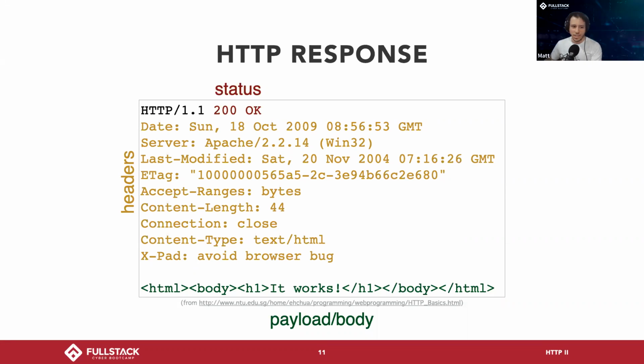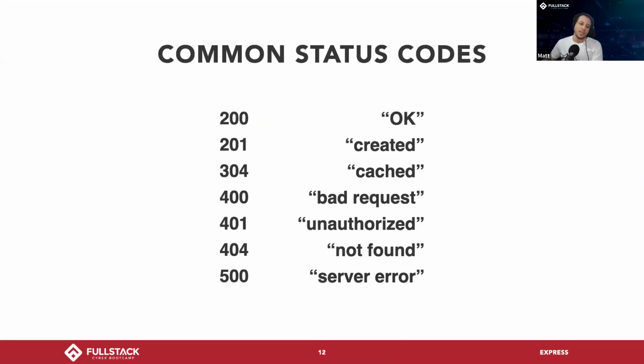Okay, just like there were common verbs that I wanted you to memorize, there's common status codes. You do not have to memorize the status codes. I'll give you an easy way to remember some of them, but for everything else, you could just look them up. These are the most common ones, but the way I generally think of it is everything in the 200 area, from 200 to 299, is the server saying everything went okay.